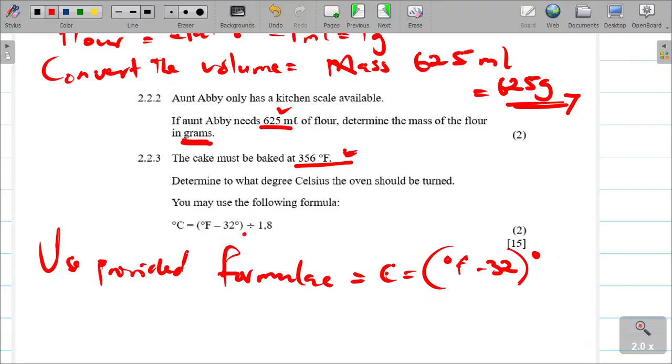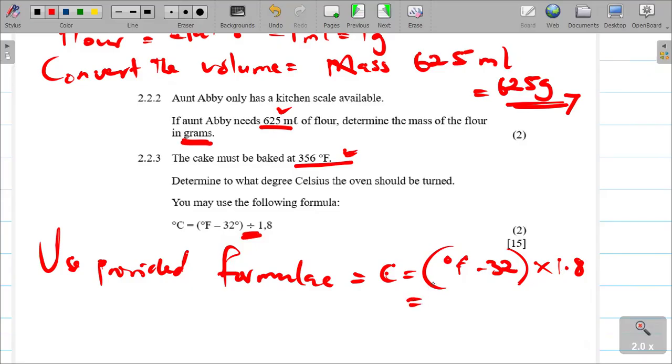Here there must be a problem. It must be a multiplication, not division. Let's just quickly work it. It is supposed to be multiplied by 1.8.